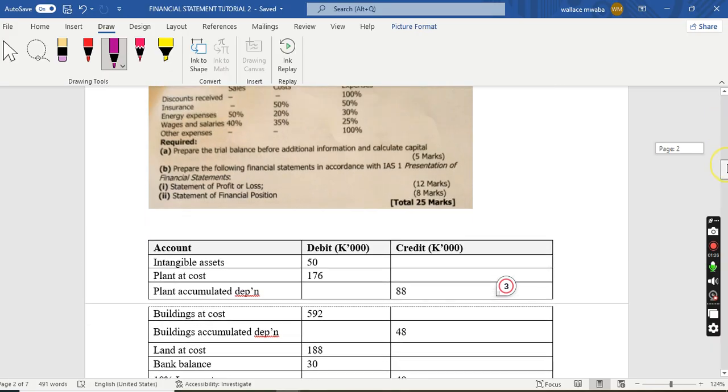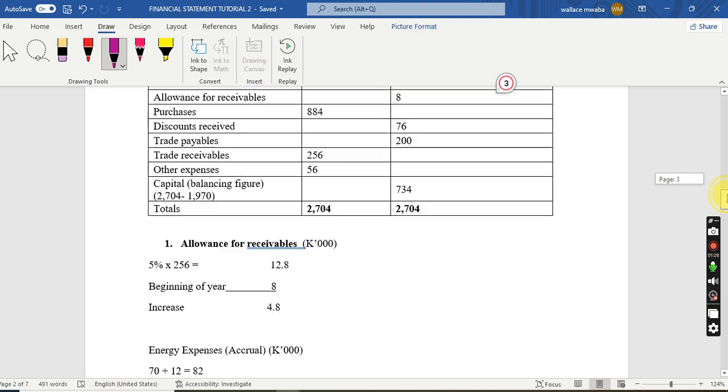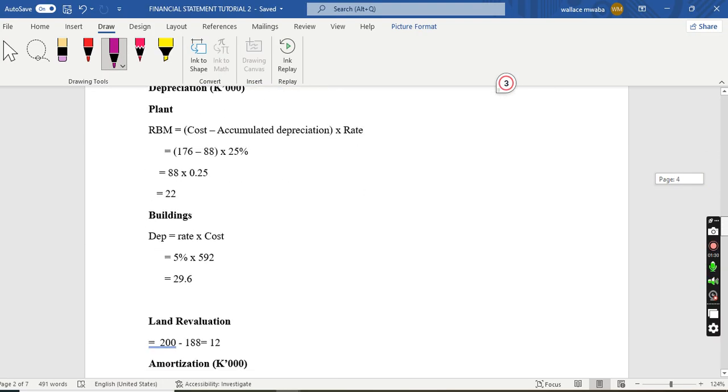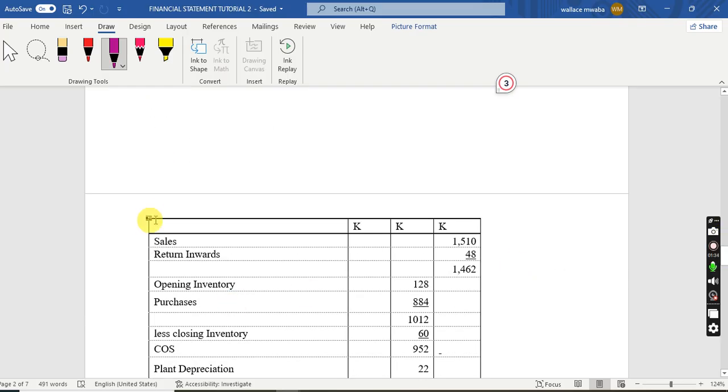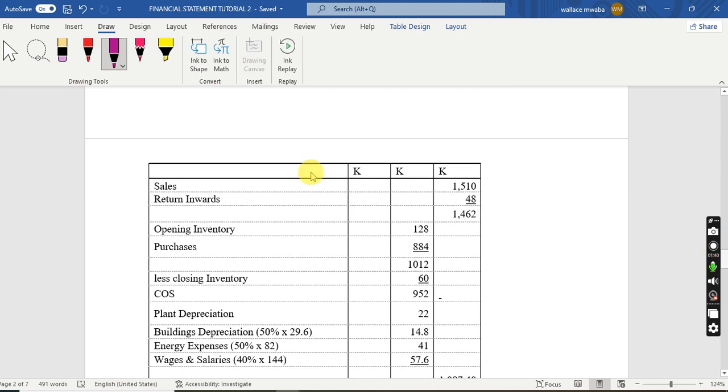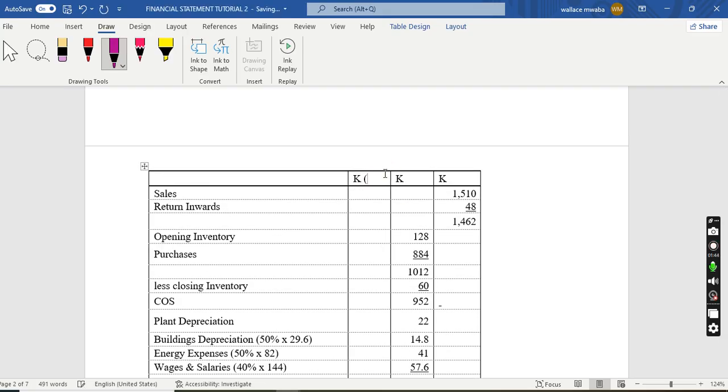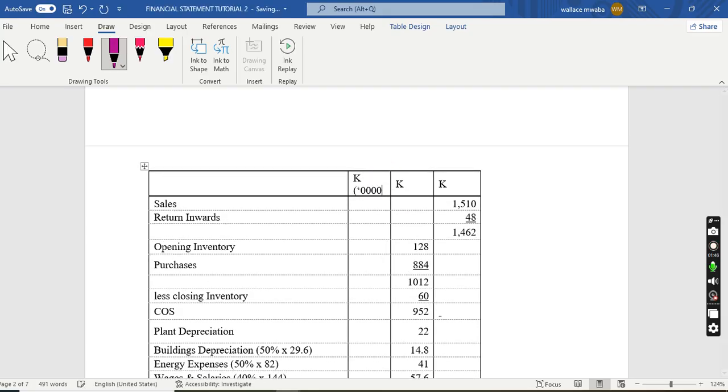Let me bring my trading account here. Sales revenue. Sales revenue will be the first item in our trading account, right? So we're going to say sales revenue. Remember, you can make 3 columns like this.